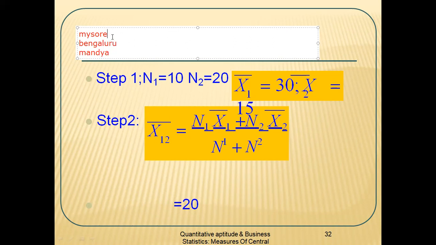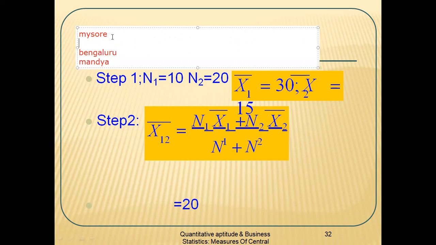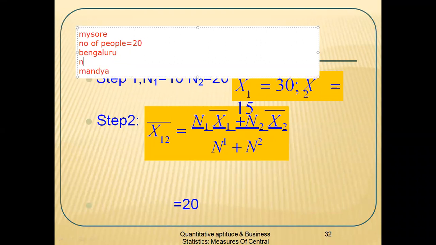Now in place one, the number of people who have attended the physical test is 20. Assume 20 members are there. Similarly, the number of people who have attended here is 30. Similarly, in Mandya, the number of people who have attended is 50.